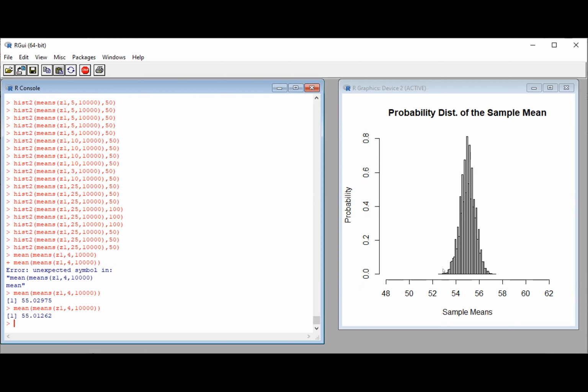So the mean of the mean is exactly what I was expecting. It's the original mean. And I can change the sample size. It doesn't affect it.